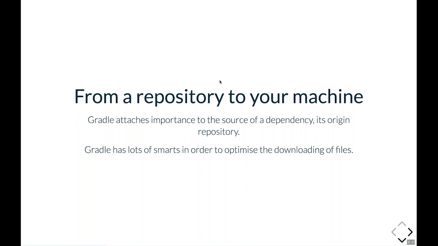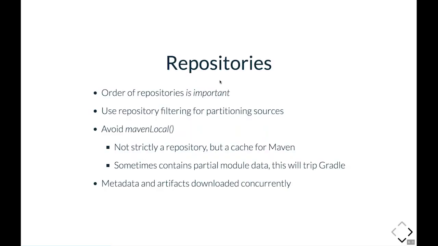So he talked about the order, but Gradle also has lots of smarts so that we don't download files all the time. So the ordering is important. Cedric said that, he explained it. With a recent Gradle version, we introduced the ability to filter what a repository serves. So that, for example, you could say, these Android artifacts can only come from the Google repository.